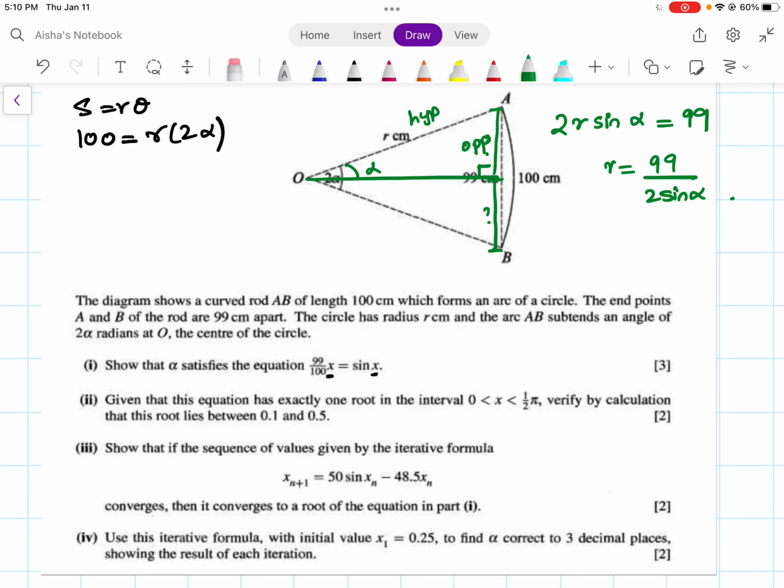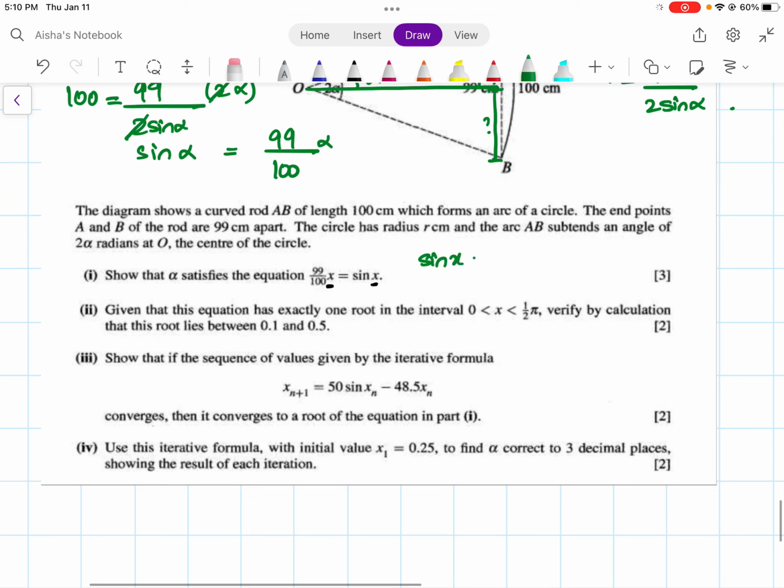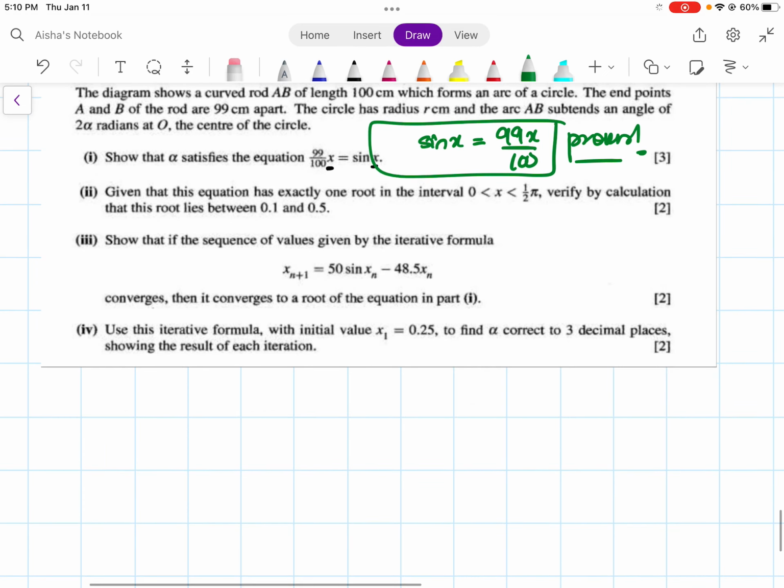Now r is equal to 99 upon 2 sine alpha. 99 upon 100 alpha is equal to sine alpha. And alpha is denoted by x. Make sense?